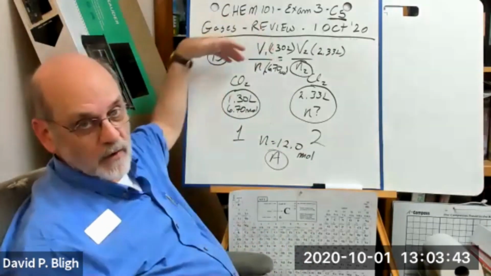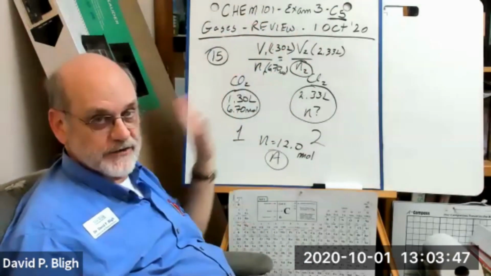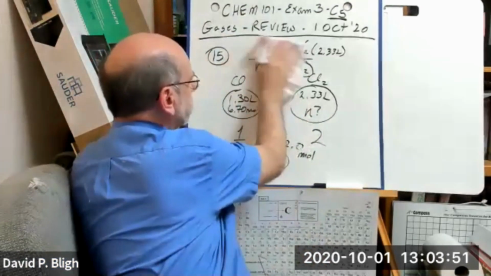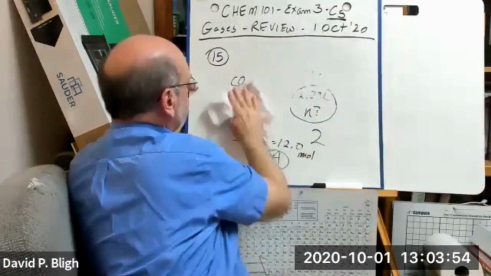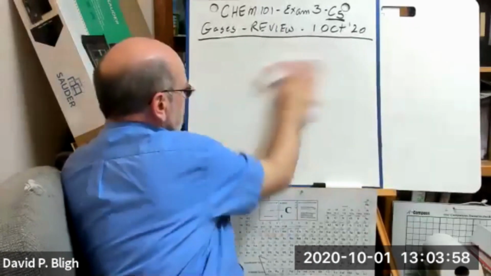So I would put V1, N1, V2, N2, and write in the numbers before I tried to solve the problem. Okay, that was 15. And let's see, I better move it along here.